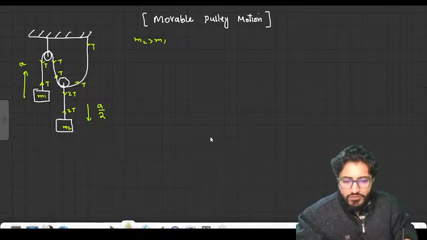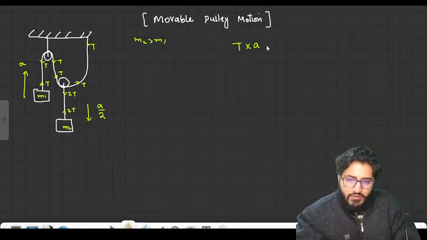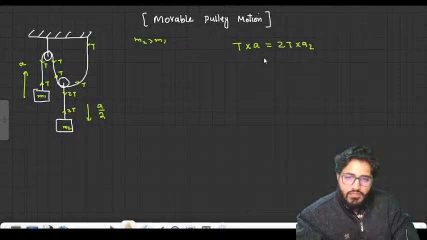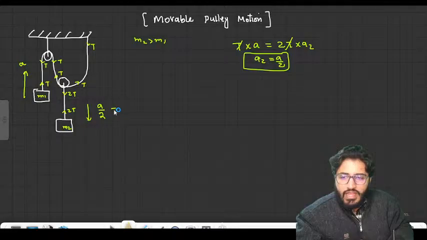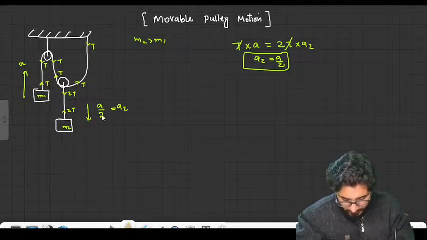I can take that also. How? Tension into acceleration. TT cancel out. So A2 is equal to A by 2. That's why my A2, the acceleration, came out to be A by 2.